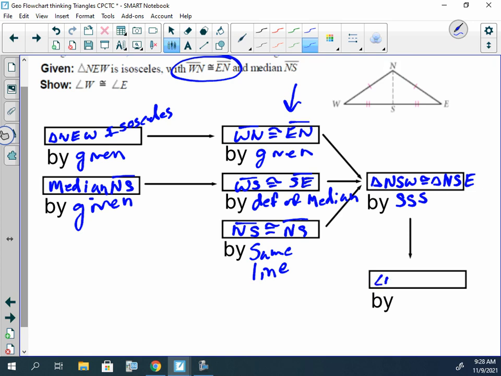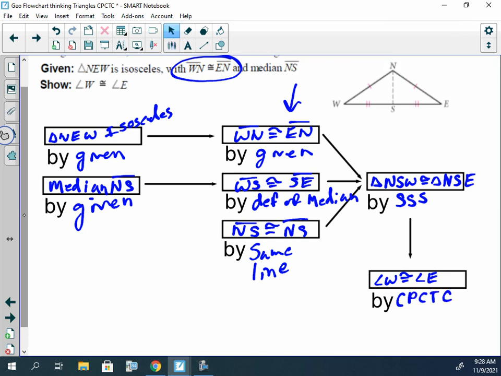So that means that we could say that angle W is congruent to angle E by CPCTC. Well, it's really worked out on most all of these. Our last reasoning is our CPCTC, isn't it? So let's look at the next one.